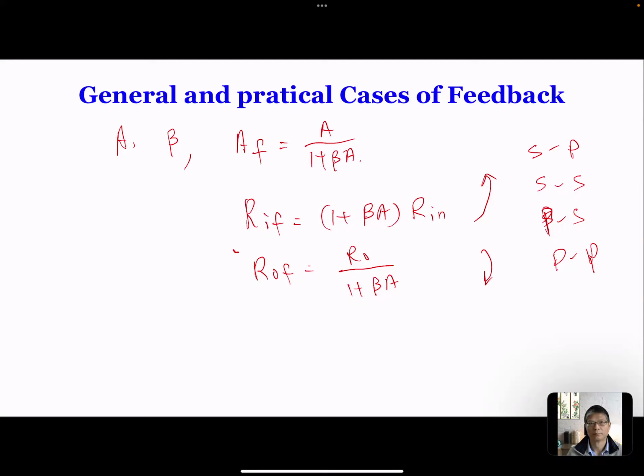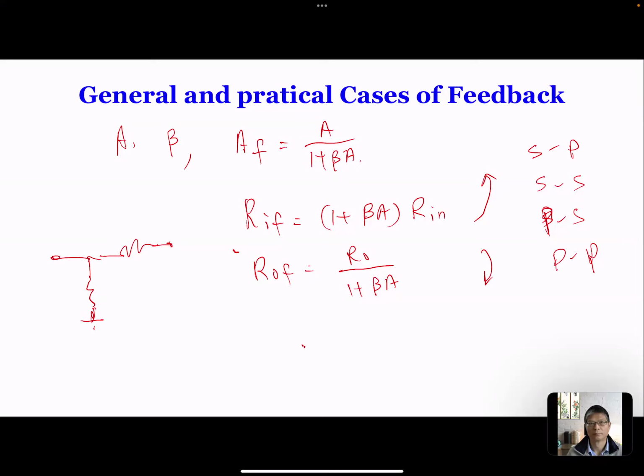But the problem is that often you will see feedback like this, and you have already seen examples of feedback circuits. This is okay, but the problem is that this is not what we have in the ideal feedback.